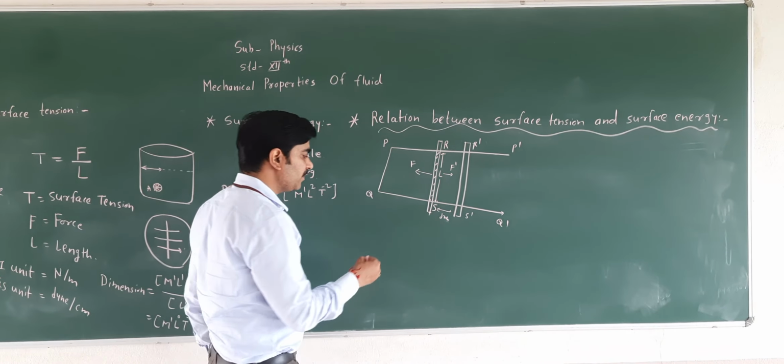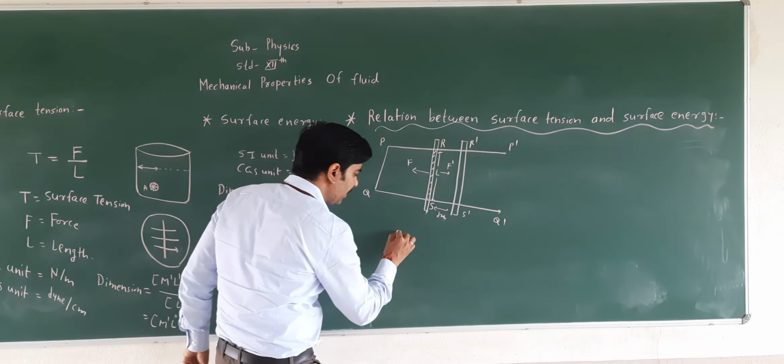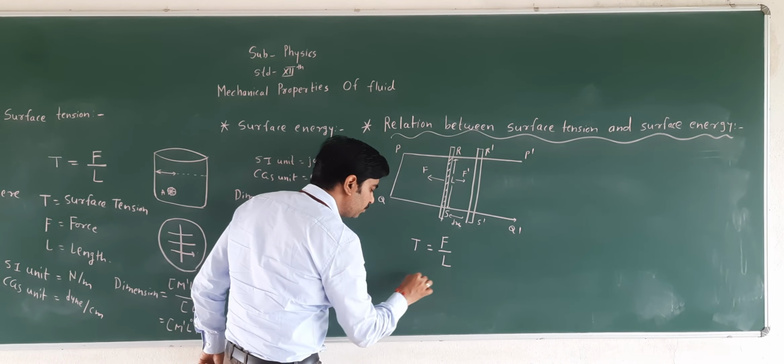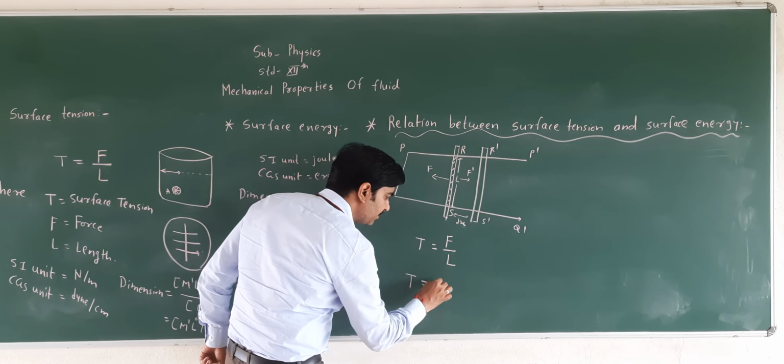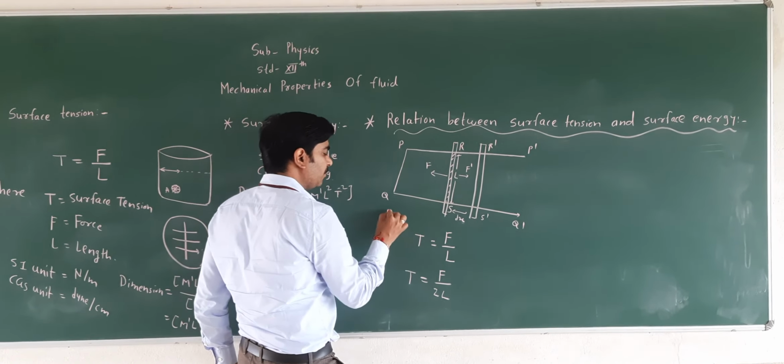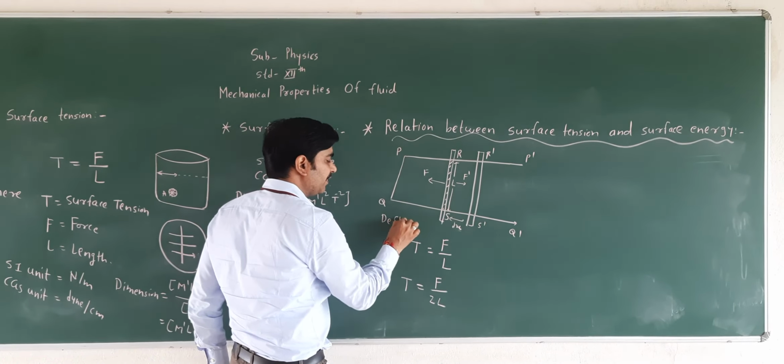According to the definition of the surface tension, T is equal to F upon L, force per unit length. Here, as it is a rectangular surface, it has two surfaces in contact with air. So in place of L, we should take 2L. Here again I am writing surface tension T is equal to F upon 2L. So this is according to the definition. You should write the definition.